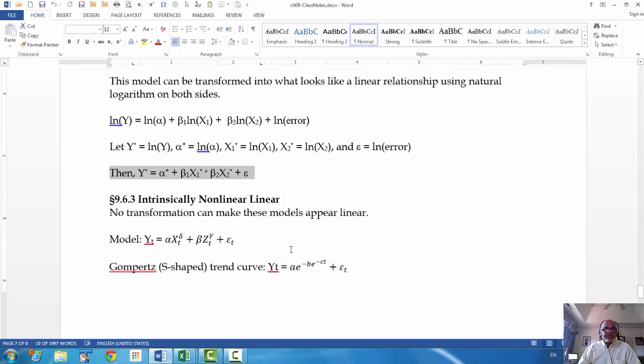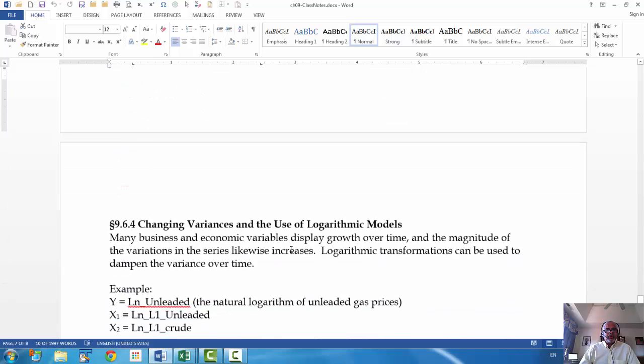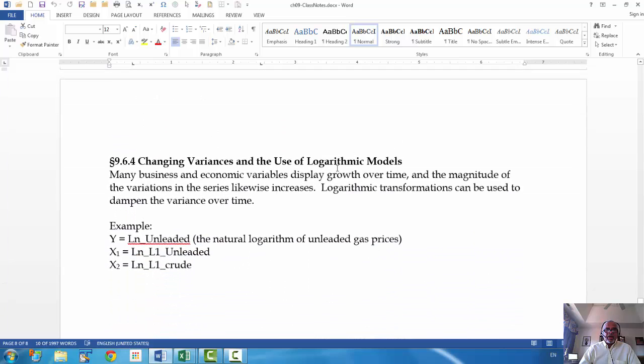We're going to look at these examples, and then we will finally end with a logarithmic transformation model that can be used when you have varying variance. One of the assumptions in regression analysis is that the variance of the residuals will remain about the same. It's not going to steadily increase or steadily decrease as the values of x, the independent variable, change.